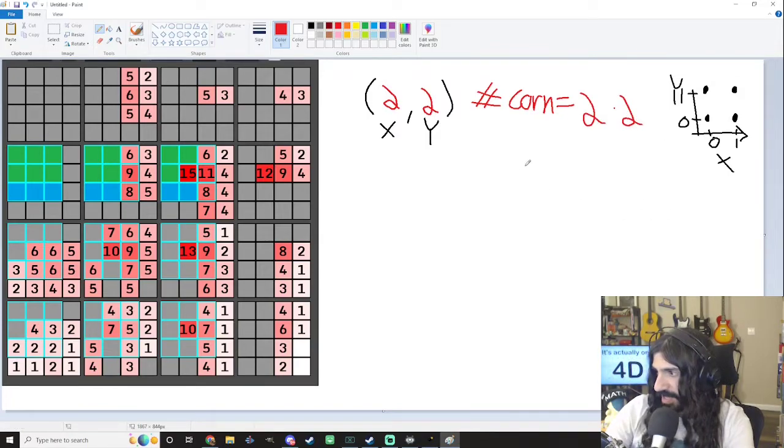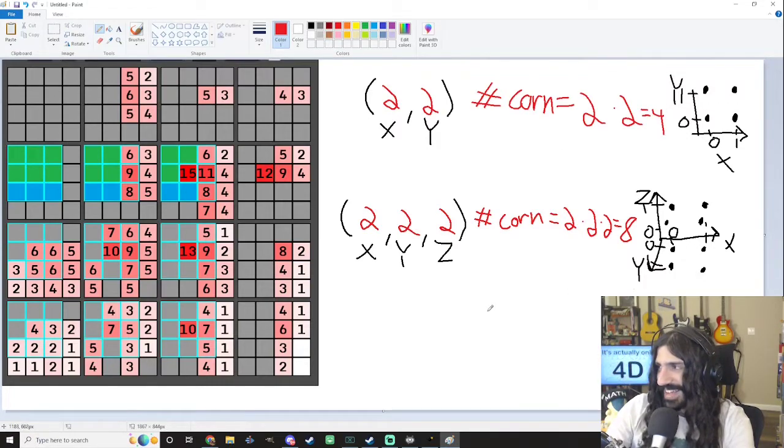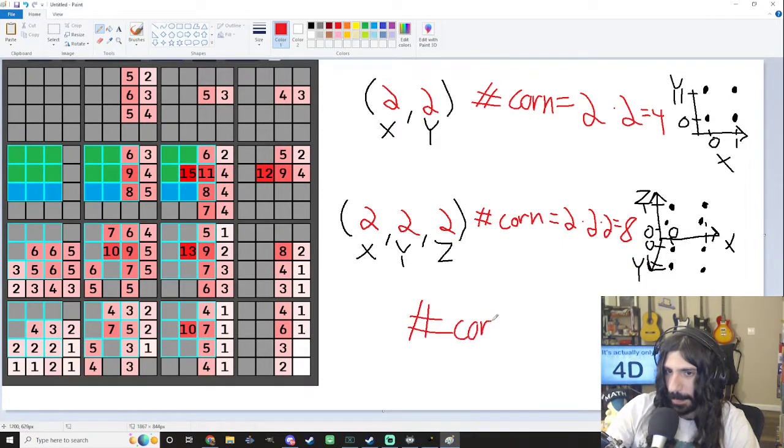Let's move up to 3 dimensions, where we add a z dimension: 2 times 2 times 2 equals 8, whereas 2 times 2 equals 4. So in general, the number of corners that an n-dimensional cube has equals 2 to the power of the number of dimensions.